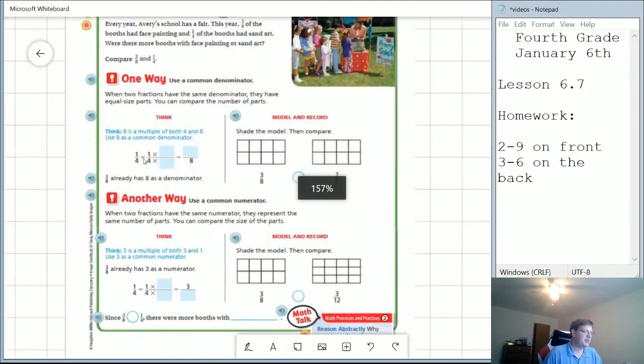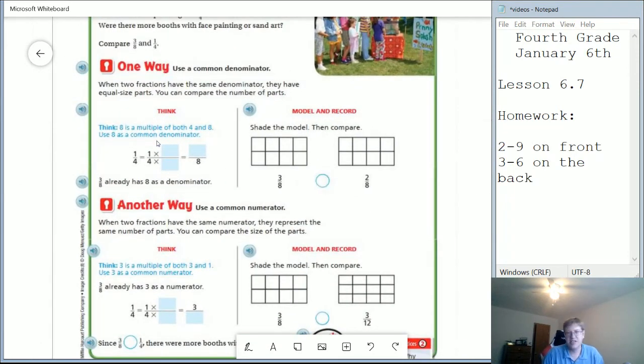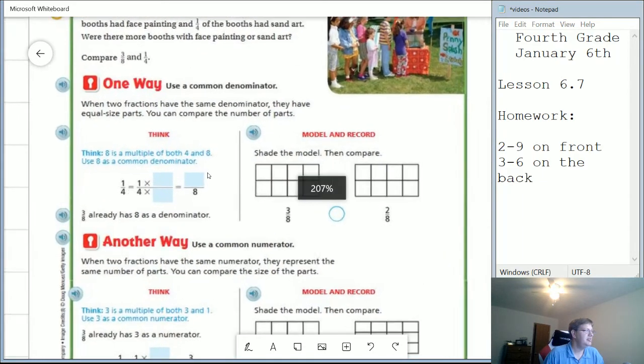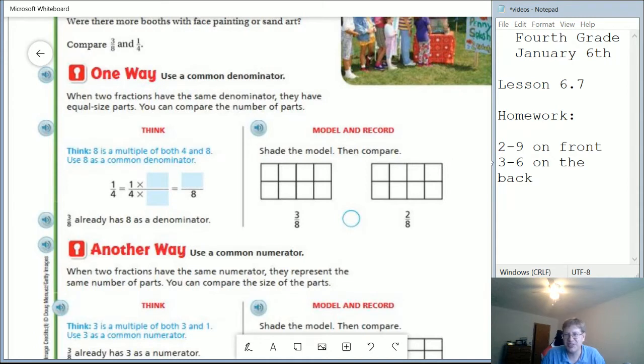And of course, we also have the option of using our strategy that we worked on a lot before Christmas break, especially the last couple days that we were reviewing, but we had already done the lessons from earlier in the chapter. So we are going to compare 3/8 to 1/4.